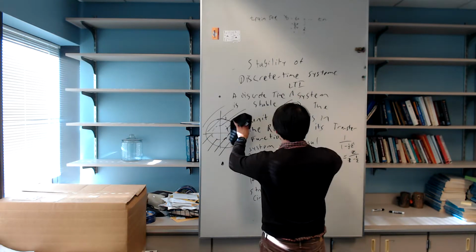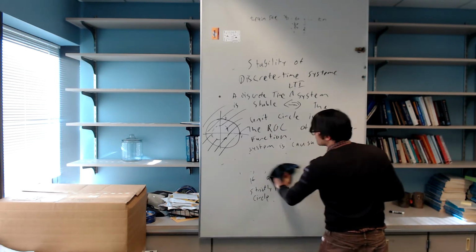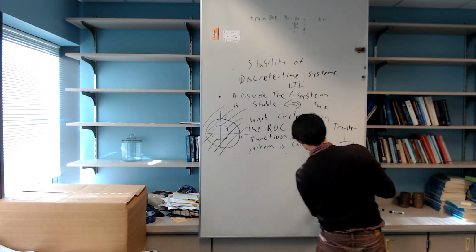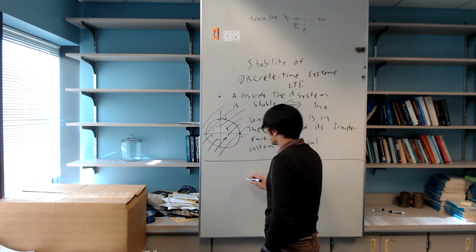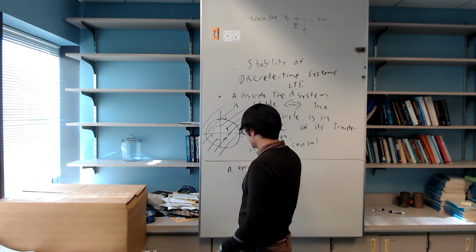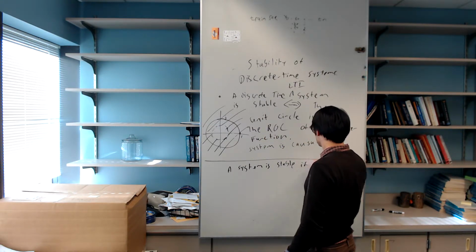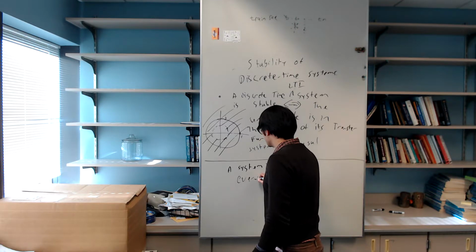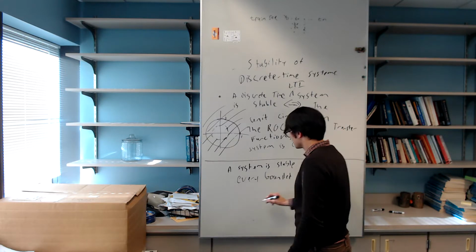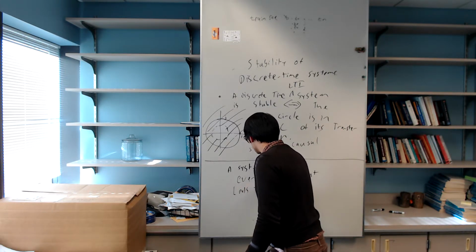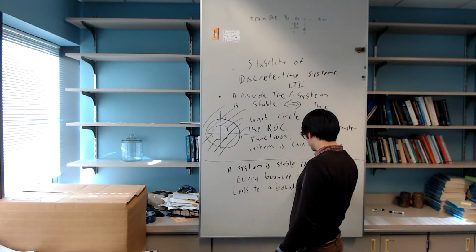So en route to showing this, a system is stable if every bounded input leads to a bounded output.